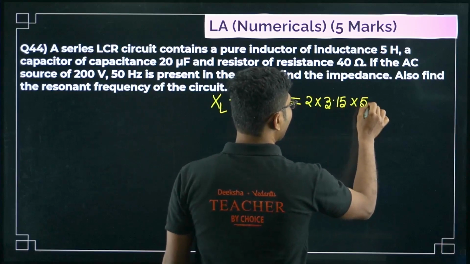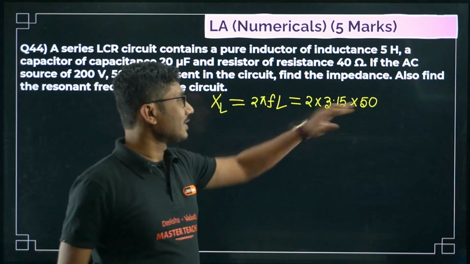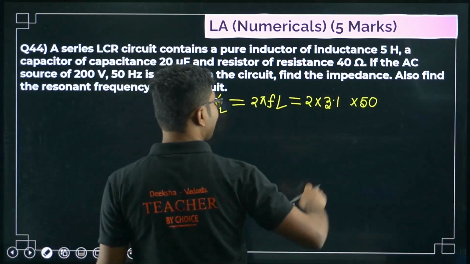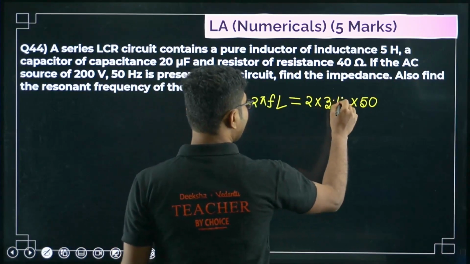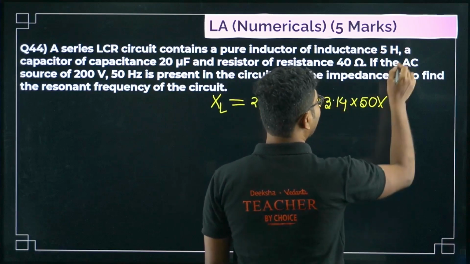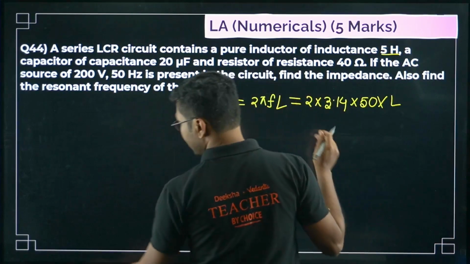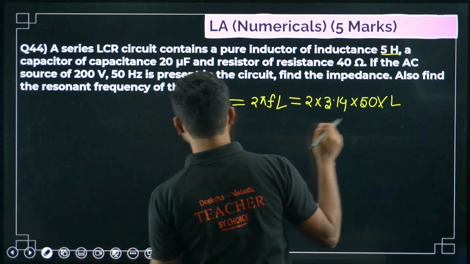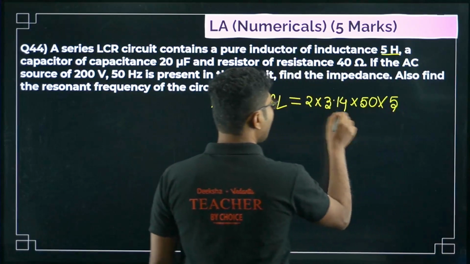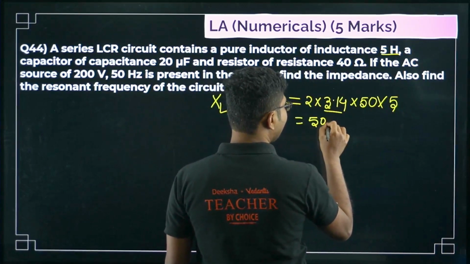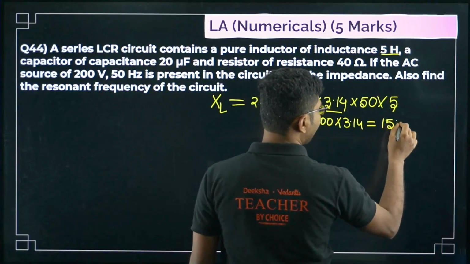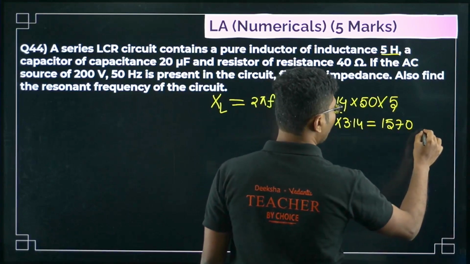Frequency is given as 50. In most problems these first two lines are the same. If your calculator has the value of pi, you can directly insert it. Inductance is 5, so 50 into 2 is 100, 100 into 5 is 500, 500 into pi. So 500 into 3.14 equals approximately 1570 ohm.